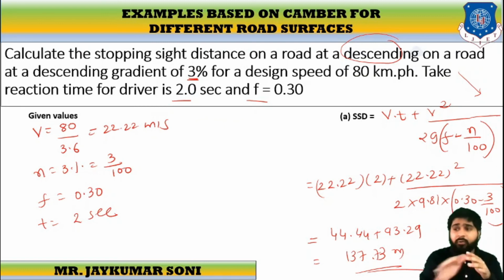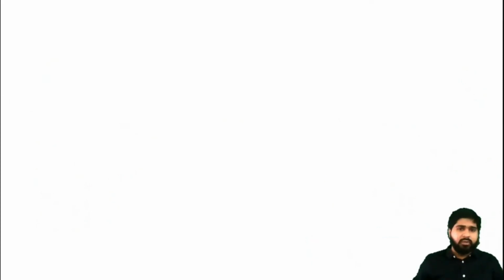I have kept the calculator on this side and calculated the value so that less time is consumed. But whenever you are calculating these examples, make sure that you calculate on your own so that you understand the concept thoroughly. Fine. What we have done, we have put the equation, we have put the values, and it was as simple as that.